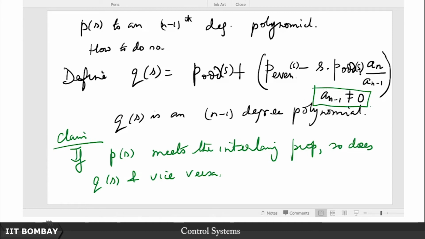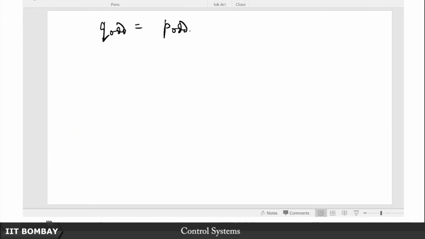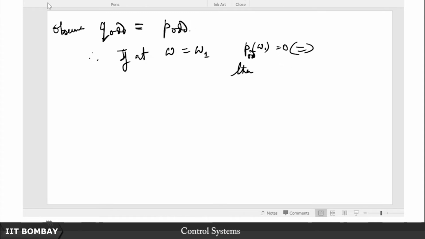So observe that Q odd is equal to P odd. Therefore, if at omega equal to omega 1, P odd of omega 1 is equal to 0, then this is the same as Q odd, because they are of course the same polynomial.